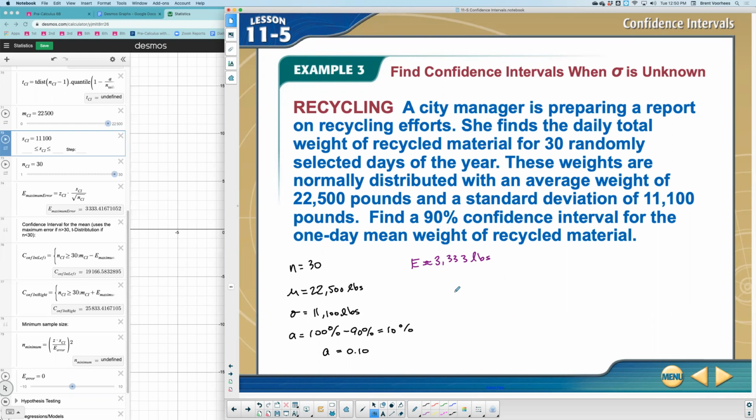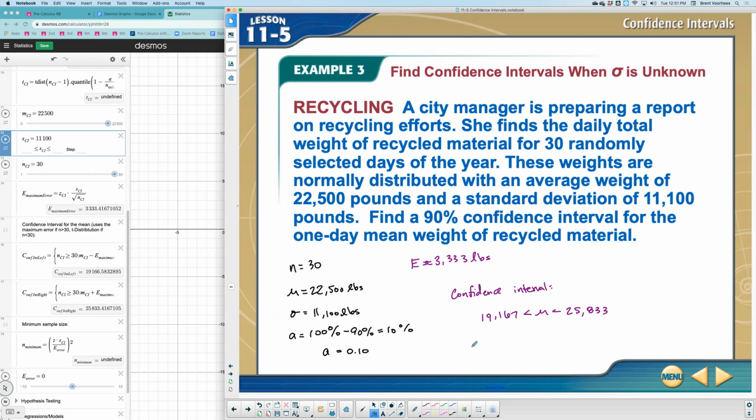And so our confidence interval is from 19,166, I'm going to round to 7, to 25,833 is where the mean would be located, which is a huge difference in these numbers here.